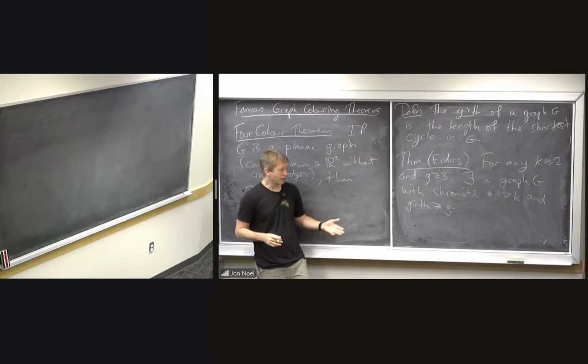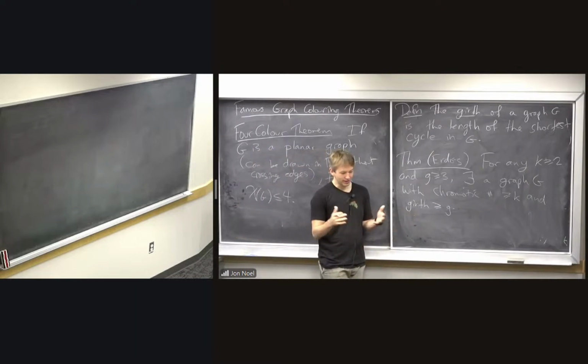So let's say the chromatic number is at least 1000. One way you could have chromatic number at least 1000 is to have a clique of size 1000, right? But this says that not only do you not have to have a clique of size 1000, you don't even have to have a triangle. It could have no triangles, no 4 cycles, no 5 cycles, no 6 cycles.